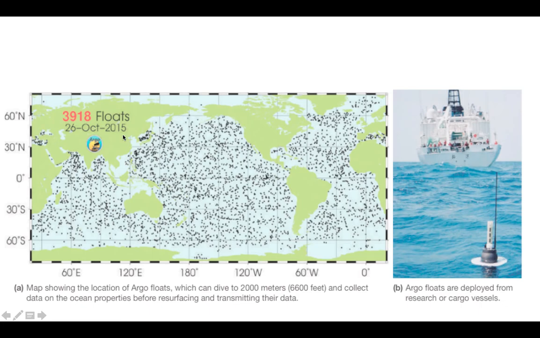So all across the globe we have around 3,918 floats till 2015, and it is again increasing day by day. It will give you information like temperature, salinity variation, conductivity variation throughout the depth of the ocean, and in this way we come to know about the subsurface properties of the oceans.